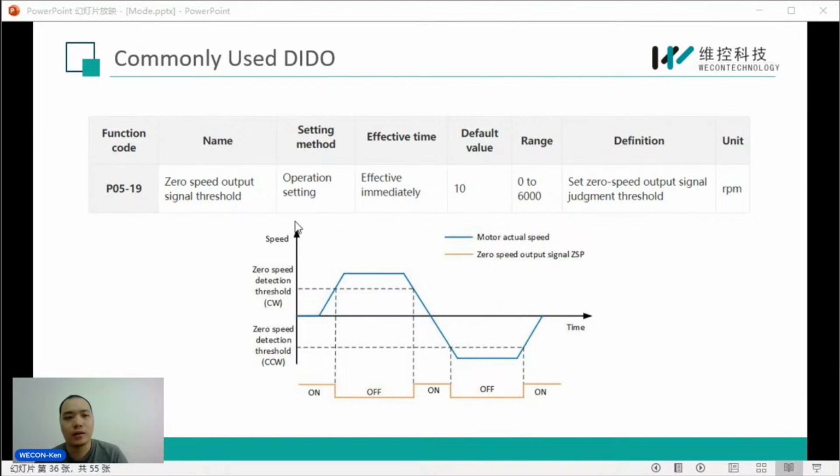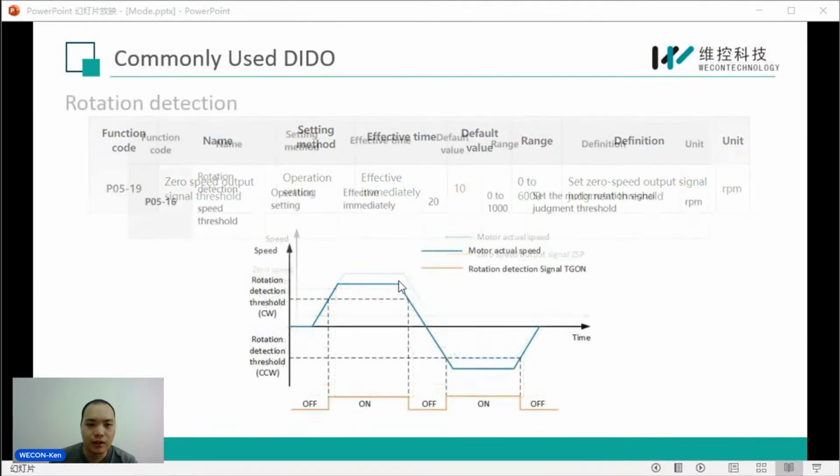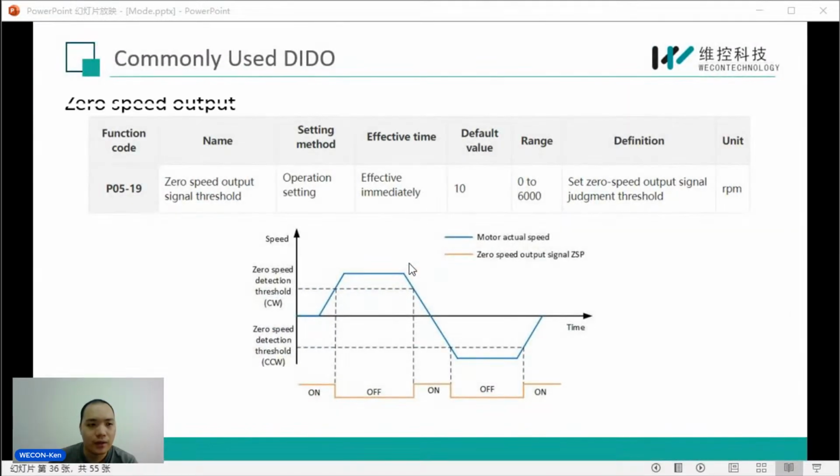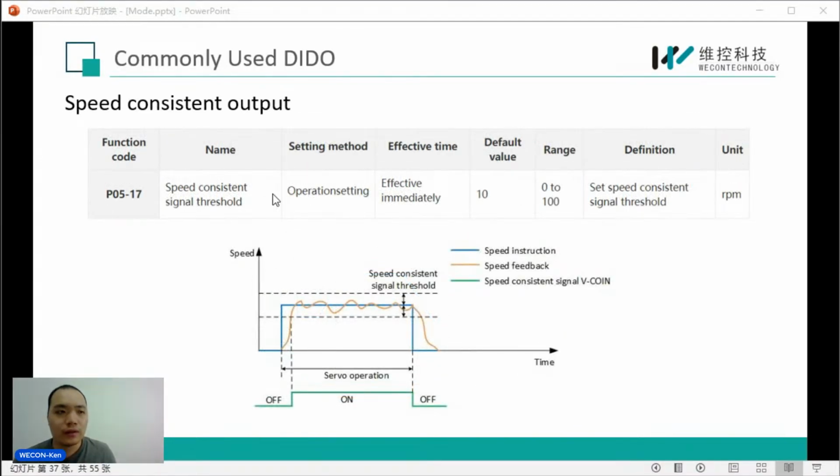And this is the opposite function code, just like the one above. And this is speed consistent output.